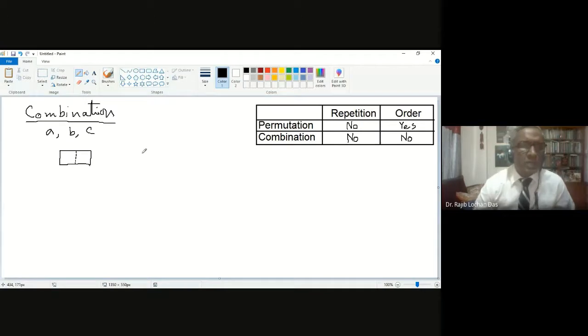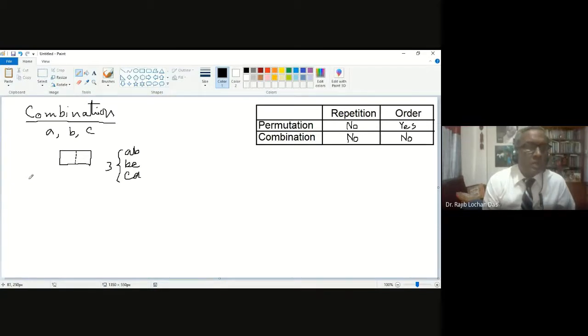So if you take the letters at a time, then it will be AB, not A, not B, not separate, just one thing, and BC. Okay, so like that, BC, and CA. So actually you will have three combinations.